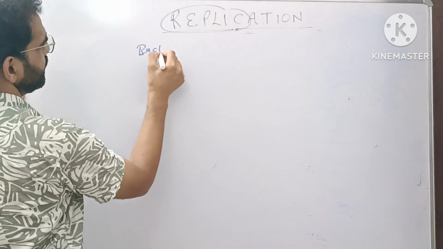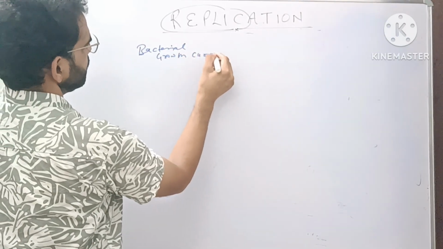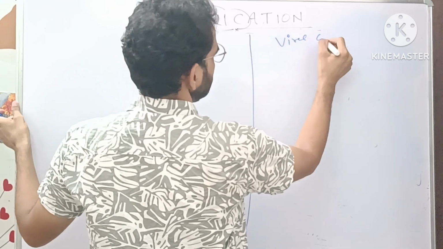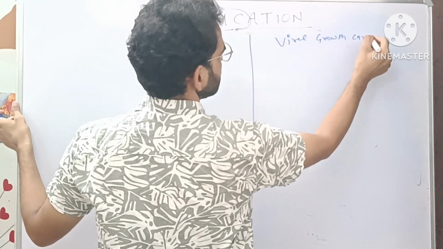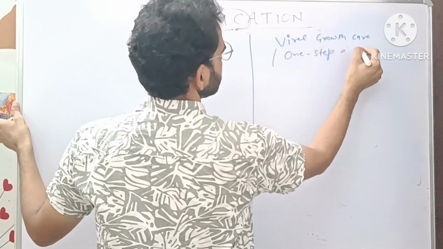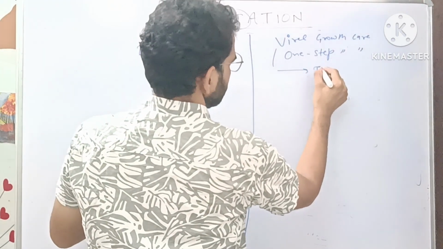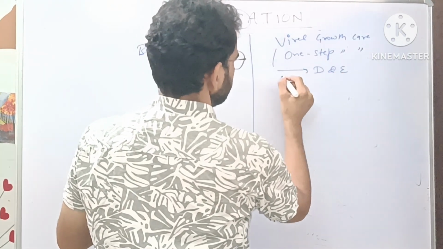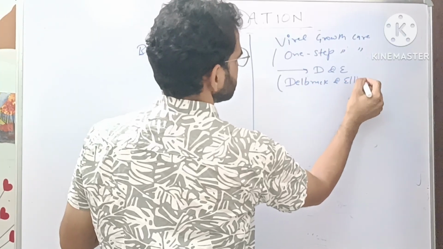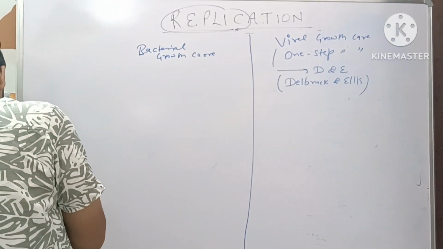Here we'll see bacterial growth curve versus viral growth curve, which is also known as one step growth curve. This was given by Delbruck and Ellis.